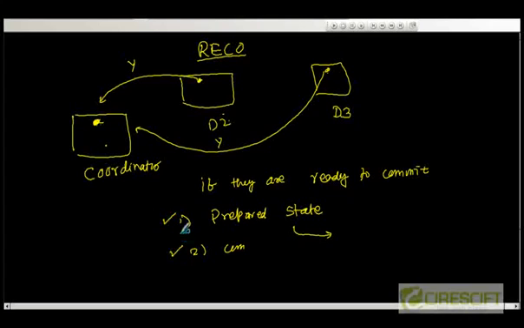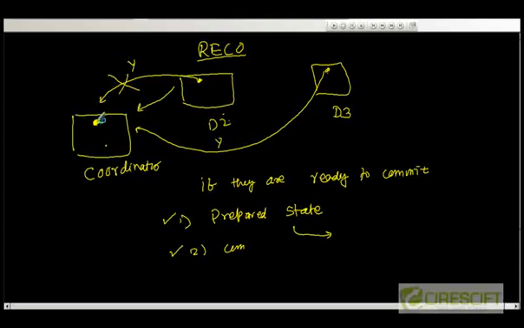But what happens if, after the prepared state, the coordinator tells D2 to commit and waits for the response on whether it has committed or not, and during that time the network connection between these two is disrupted?